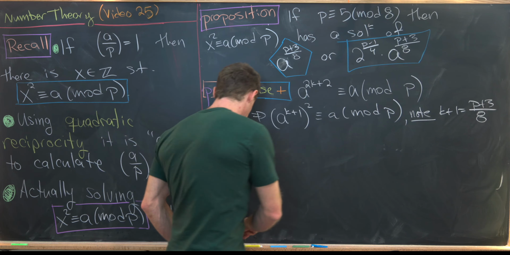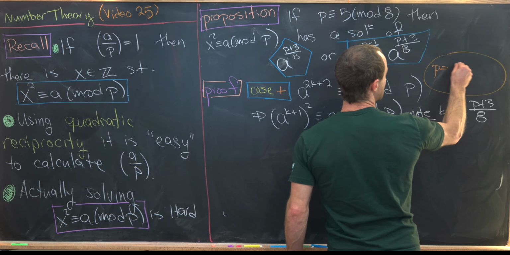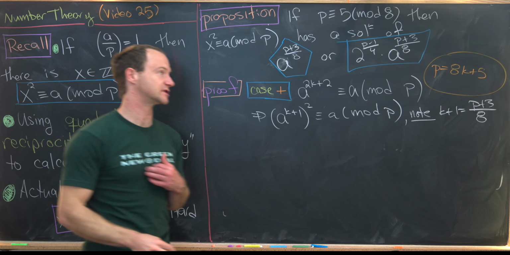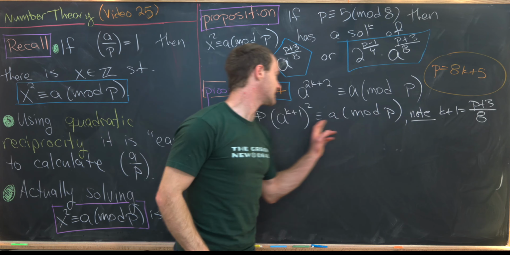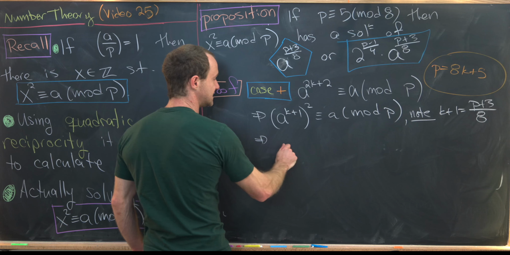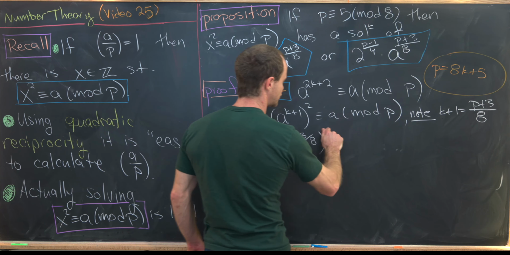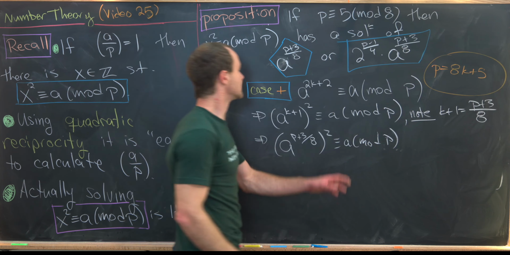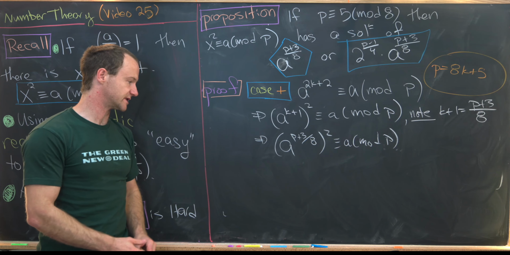And that is, again, built off of our original assumption that p was equal to 8k+5. That's the translation between p and k. But now just slamming this into here, we see that (a^((p+3)/8))^2 is congruent to a mod p. So in other words, this guy is a solution to our congruence.